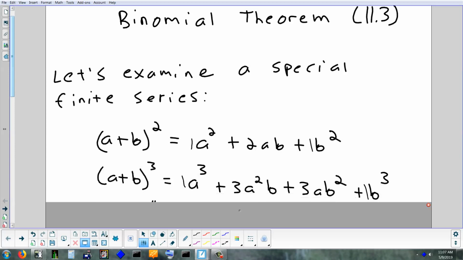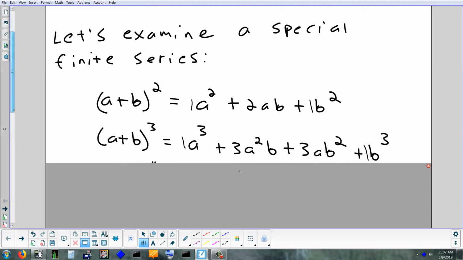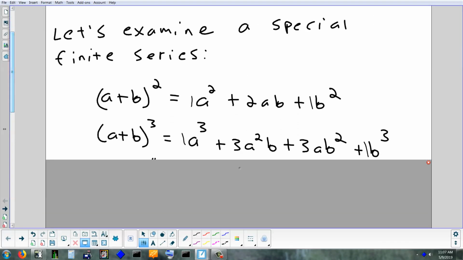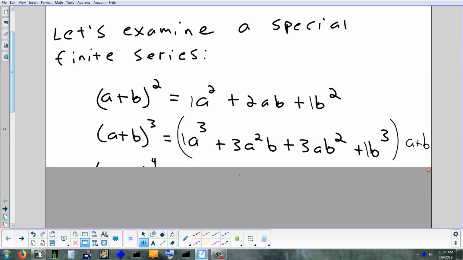And now after this, it would start to be really time-consuming to do out. But if you took what I have on the right side right here and multiplied by a plus b and distributed it all out, you would have a to the 4th, you'd have a 3a cubed b, you'd have a 3a squared b squared, and that's what you're going to see right here.